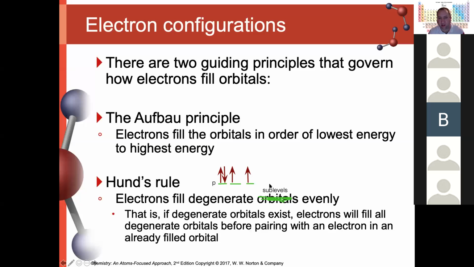Now, one thing I will point out, drawing electrons in this kind of way, this is something called orbital notation. Orbital notation is when we show each energy level, each sublevel, and how the electrons are arranged in those sublevels. The convention for showing electrons is that all electrons are shown as being spin up first.